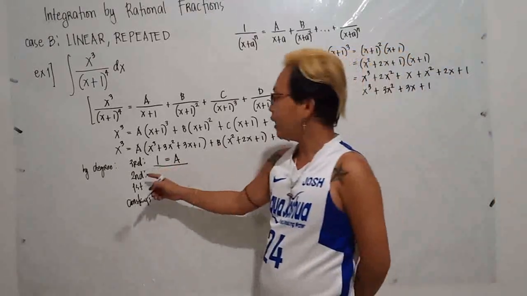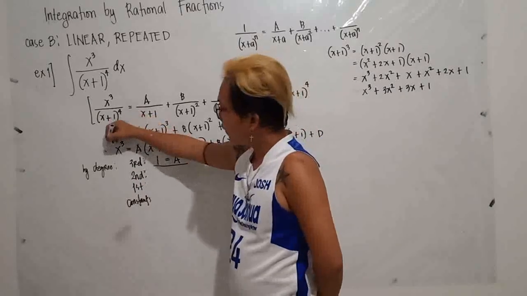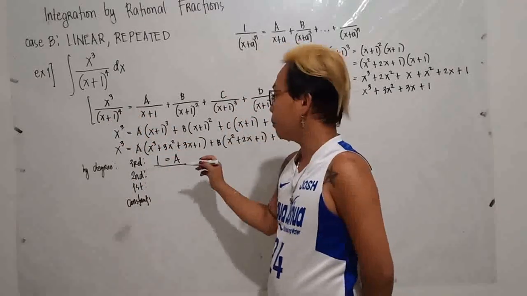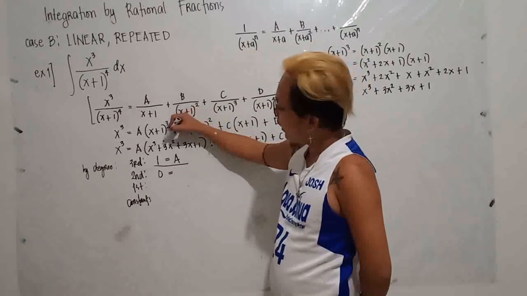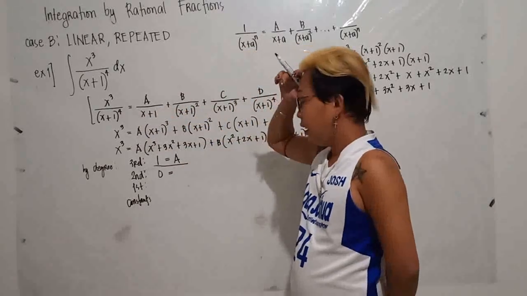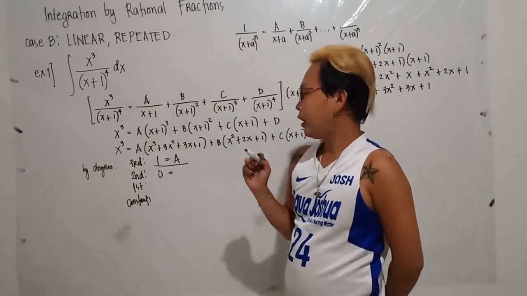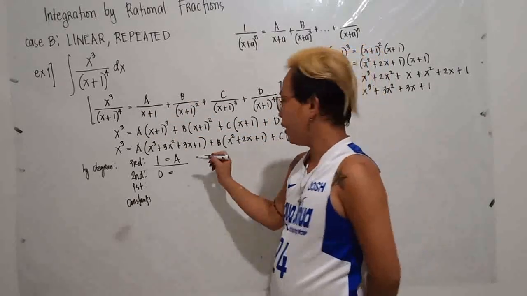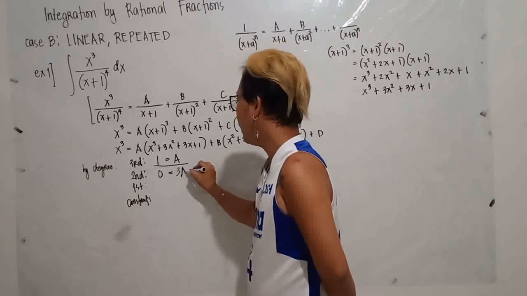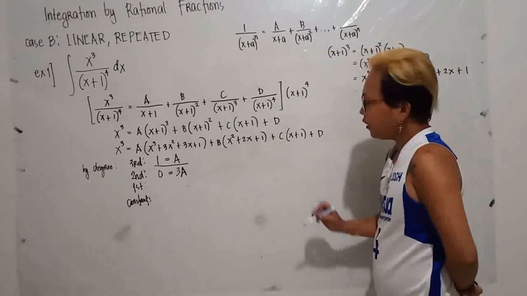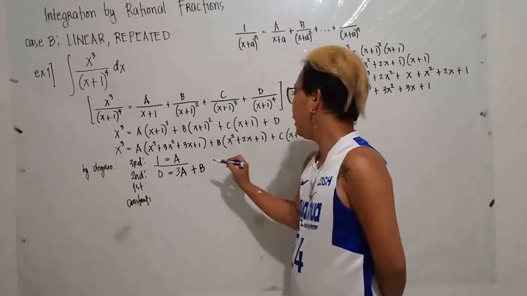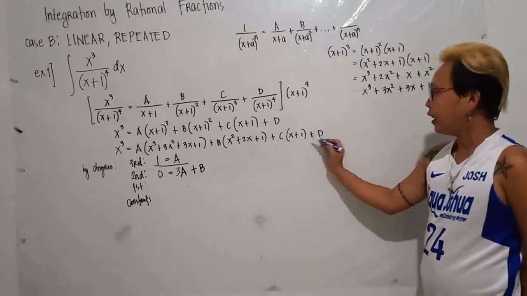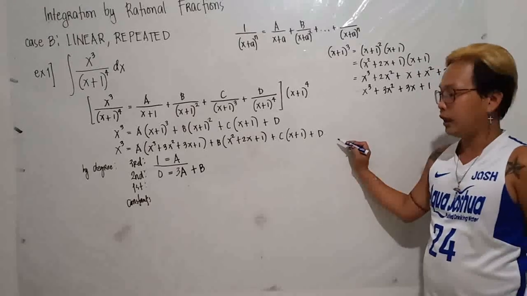Next, for the second degree, you don't have second degree dun sa part na yun, so that will be 0. Equals, second degree here is 3x squared multiplied to A, that's 3A x squared, and the coefficient there is 3A. Then here, you will have plus B. Then kay C, wala tayong second degree, then kay D, wala rin tayong second degree.